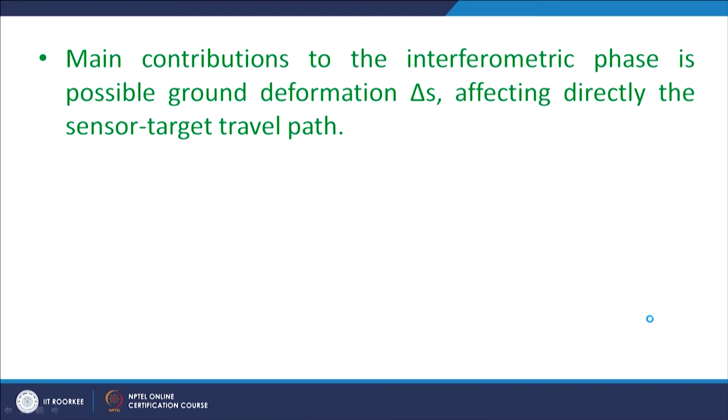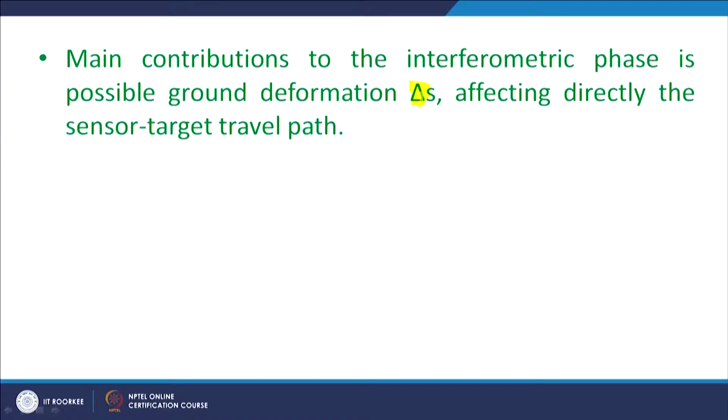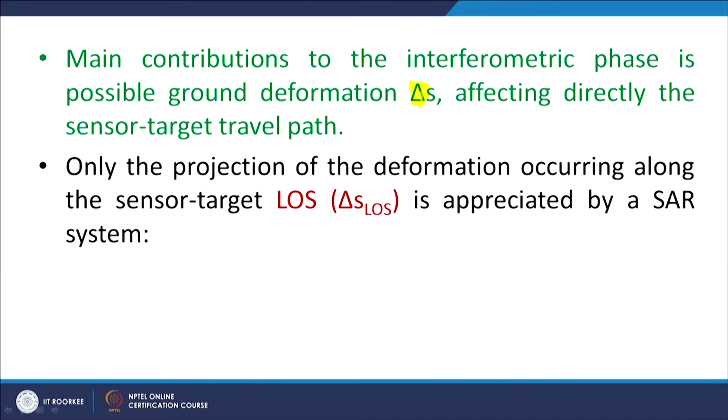So basically the main contribution to the interferometry phase is the possible ground deformation, that is delta S, affecting directly the sensor target travel path. So think that if between those two dates, when those two scenes were acquired, some ground deformation has occurred, then that can be detected very easily.